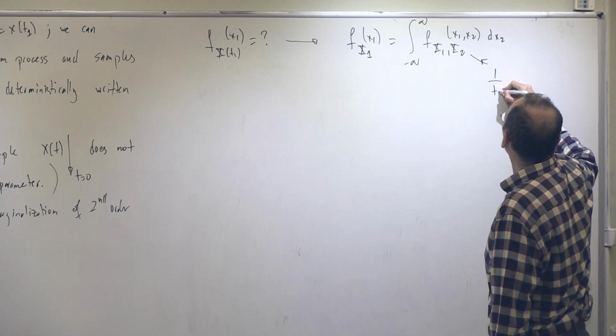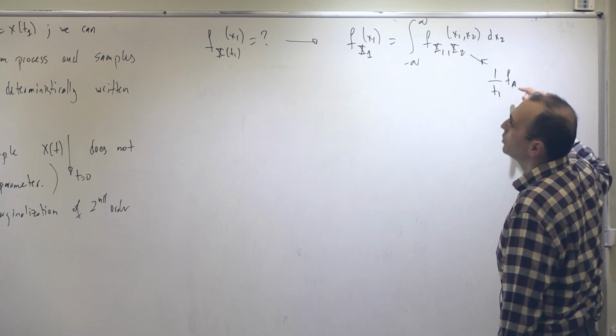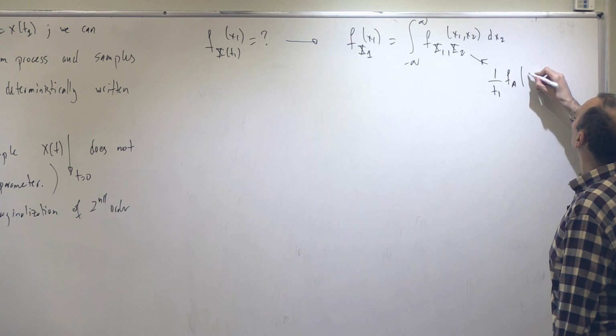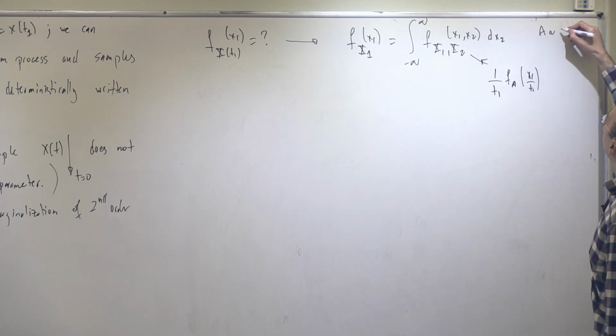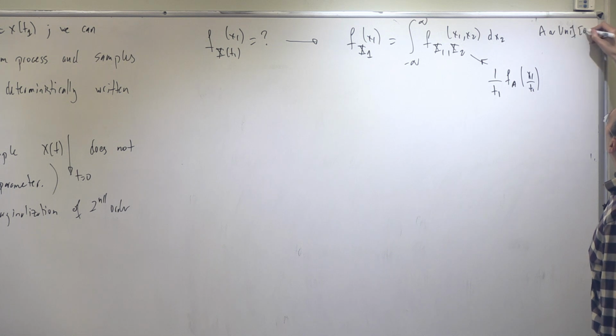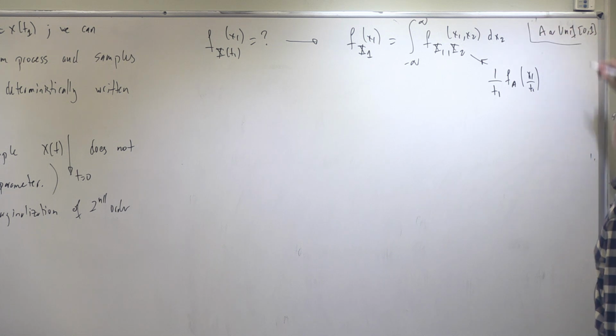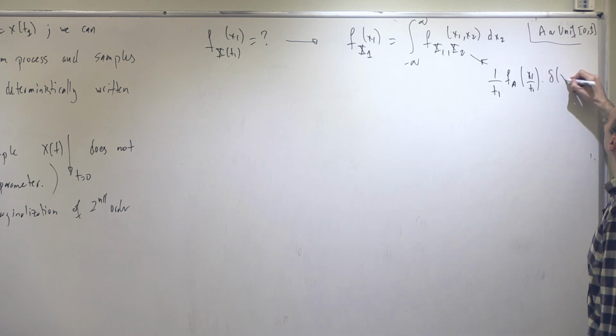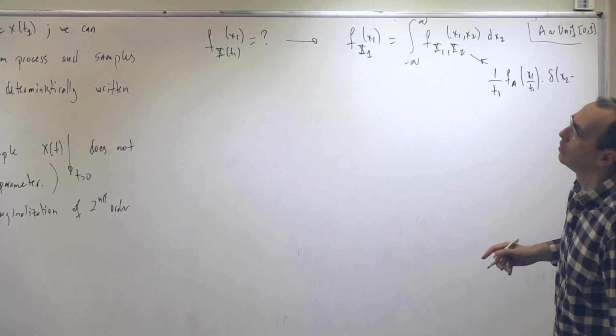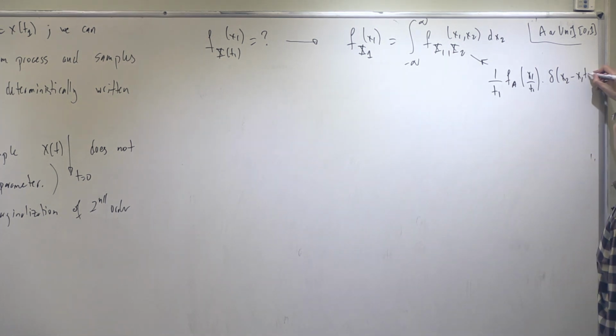I have 1 over T1, f of A, this is uniform density, x1, T1. So just remember, A is uniform 0, 1 for the record. Okay, at the beginning of the problem we have defined this. Times delta x2, x1 with some scaling.